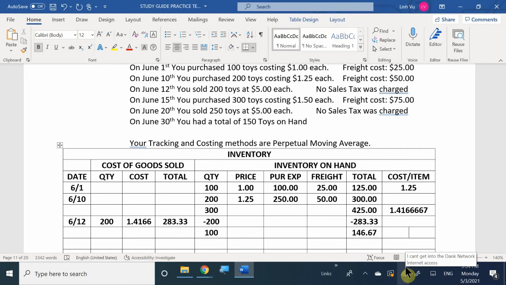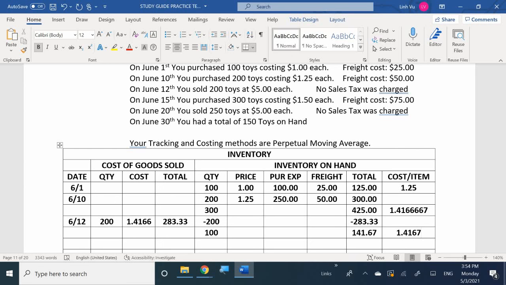I got 141. Oh yeah, sorry, 141.67. Okay. So therefore, once again, you have to recalculate the average cost per item, and this time it's exactly 1.4167. Okay.